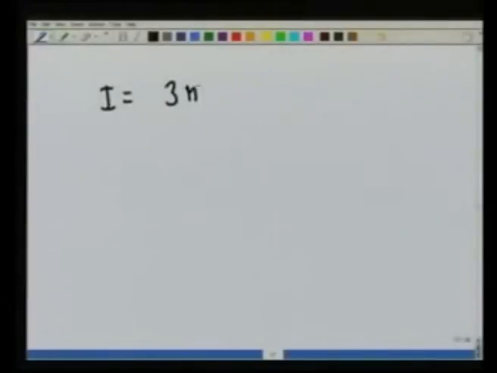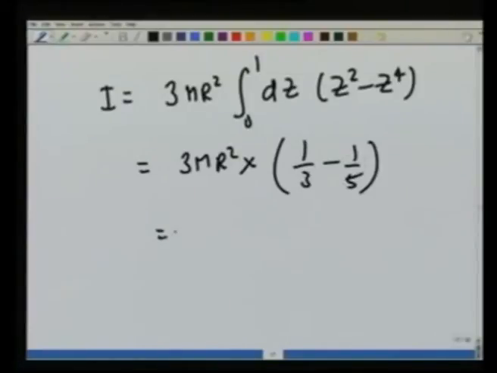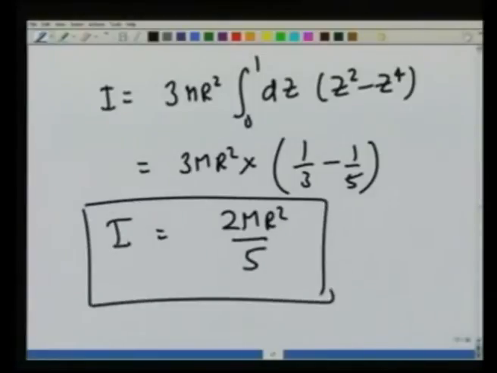Therefore, the moment of inertia I is going to be 3 m R square integral 0 to 1 dz (z square minus z raised to 4), which is nothing but 3 m R square times (1/3 minus 1/5), which is 2 m R square by 5, and that is the moment of inertia of a sphere about one of its axes.